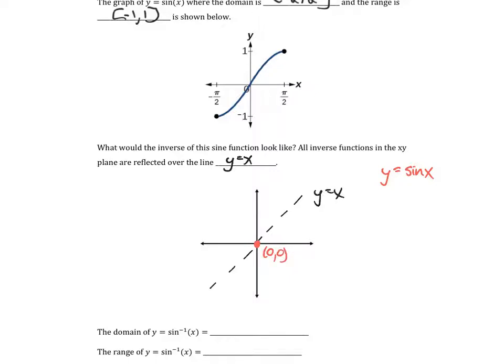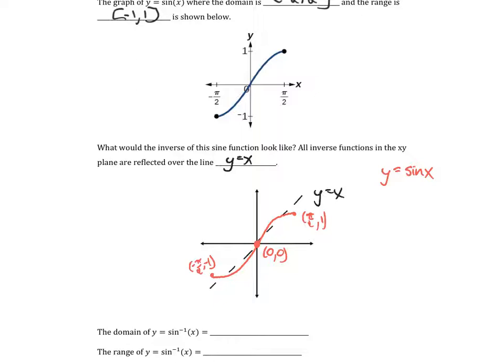I also know sine of x has pi over 2, comma 1, and the point negative pi over 2, negative 1. So the graph, as we know from above, looks something like that. That's sine of x.